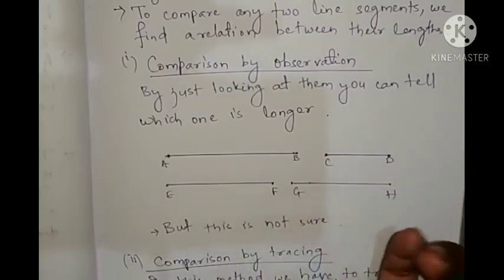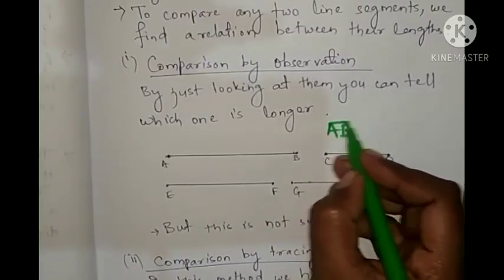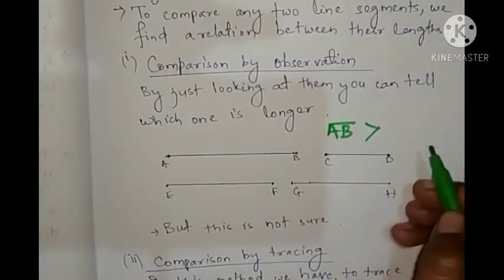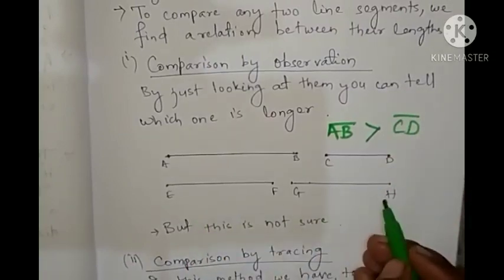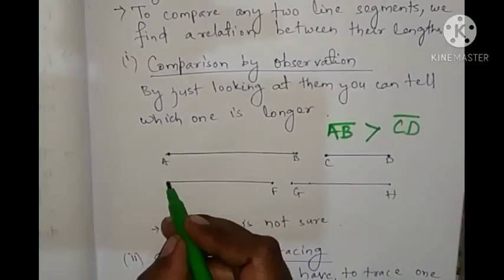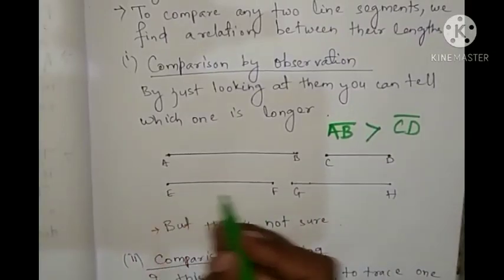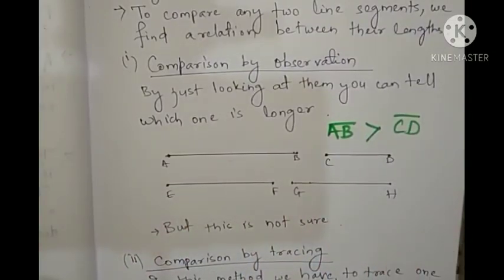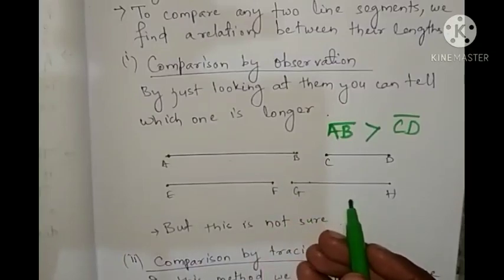By just looking at them, we can say that line segment AB is bigger than line segment CD. But what about EF and GH? Can you say confidently which is bigger, or whether they are equal? It looks like they are equal, but if you measure, these two are not equal.